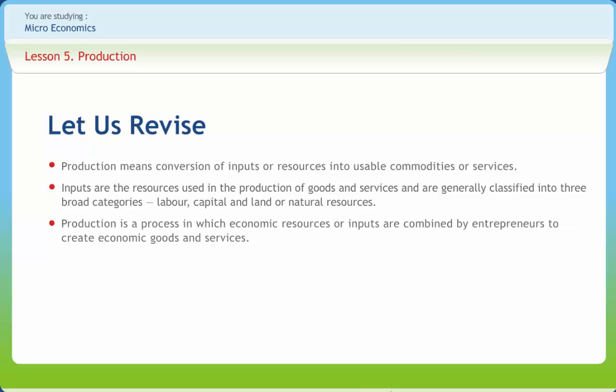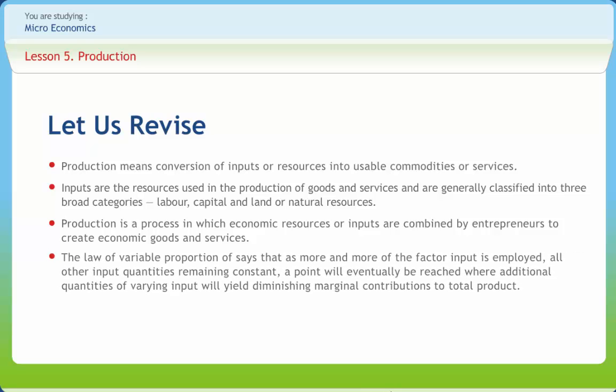Production is a process in which economic resources or inputs are combined by entrepreneurs to create economic goods and services. The law of variable proportion says that as more and more of a factor input is employed, all other input quantities remaining constant, a point will eventually be reached where additional quantities of the varying input will yield diminishing marginal contributions to total product.